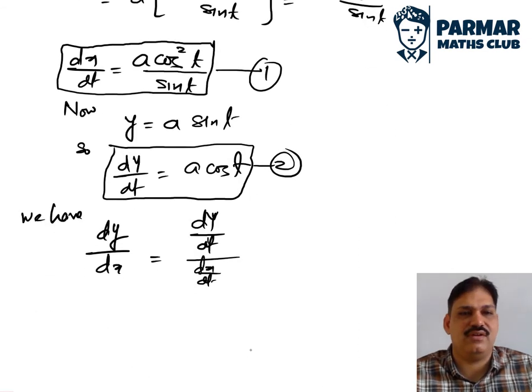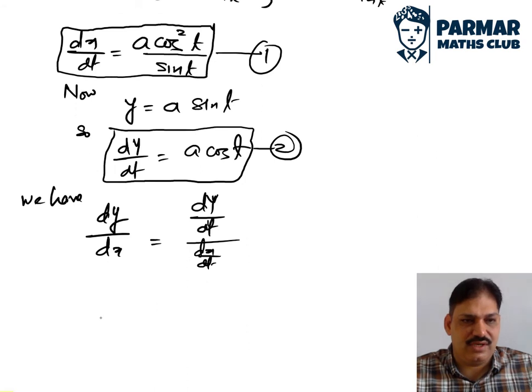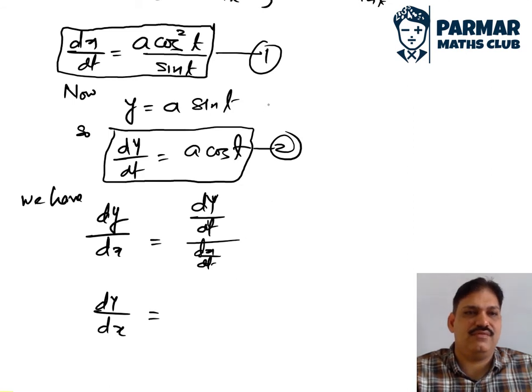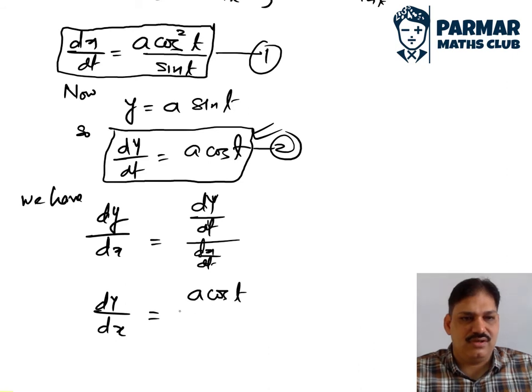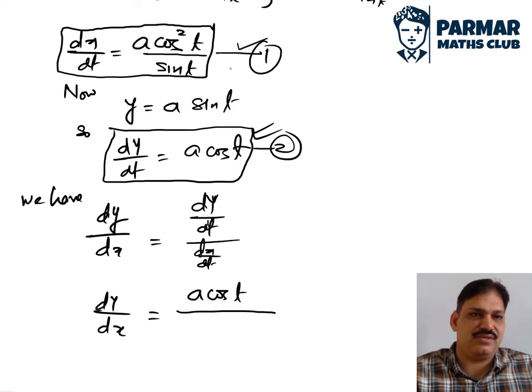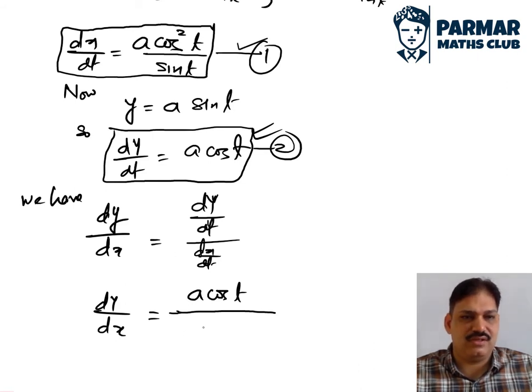Alright, we have the values of both. So we get derivative of y with respect to x is equal to derivative of y with respect to t, which is a cos t. So in the numerator we have a cos t divided by derivative of x with respect to t, that is from equation 1. This is actually a times of cos square t divided by sin t.